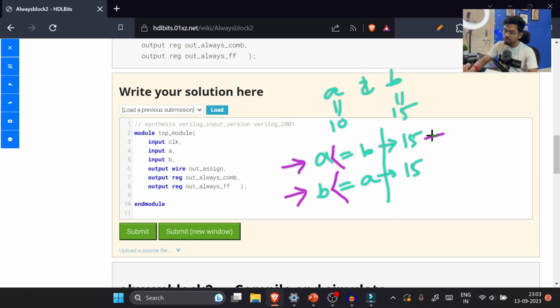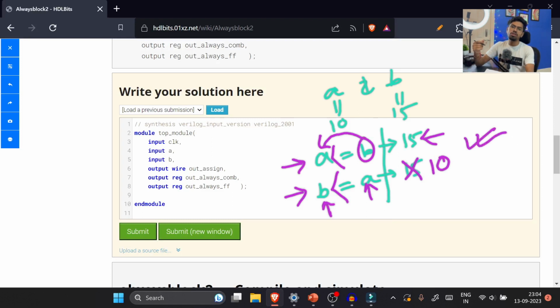So the value in b will get into a, and the value in a, the initial value, not after changing. This b is changing the value of a, but before changing, this line got executed, right? Both are executing at the same time. So that means our b will get the old value of a. So here b will get 10 and a will get 15.